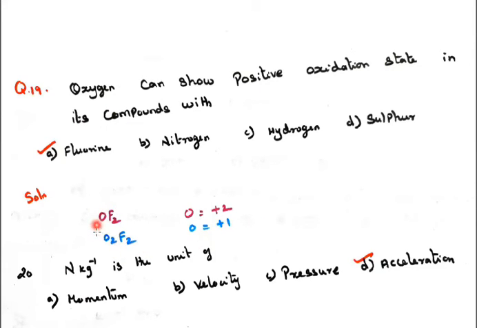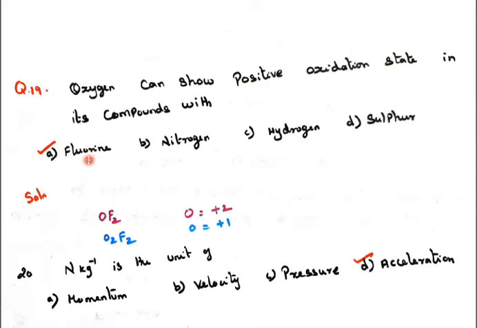In these two cases oxygen carries +2 and +1, because in the periodic table oxygen and fluorine have the highest electronegativities. Oxygen is 3.5 and fluorine is 4.0. So between oxygen and fluorine, fluorine acquires the negative charge and oxygen has the positive charge. Nitrogen has 3.0, hydrogen 2.1, sulfur 2.5, fluorine 4.0, oxygen 3.5.